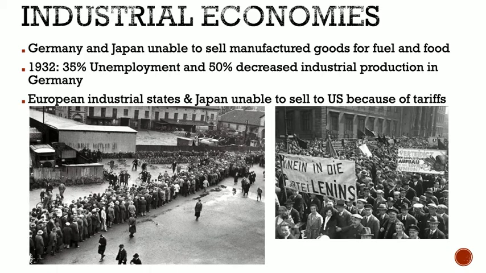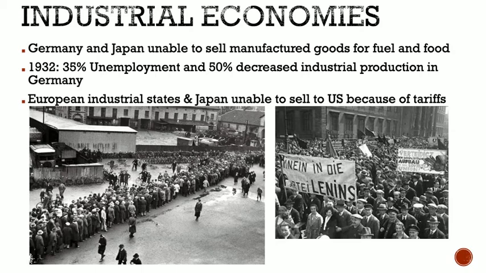Industrial economies like Germany and Japan are unable to sell manufactured goods for fuel and for food. In 1932, you begin to see 35% unemployment and 50% decreases in industrial production in Germany. So 1933 is when Hitler is going to come to power, but he's already rising to power, and he's taken advantage of these economic uncertainties to do that, as you read in Section 3.